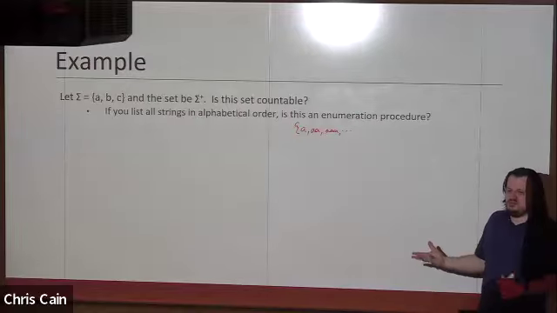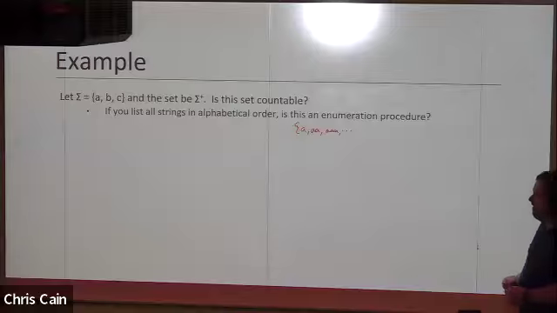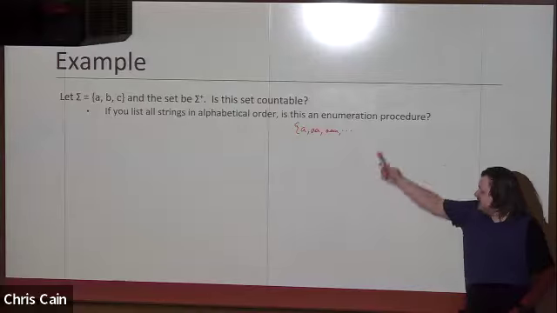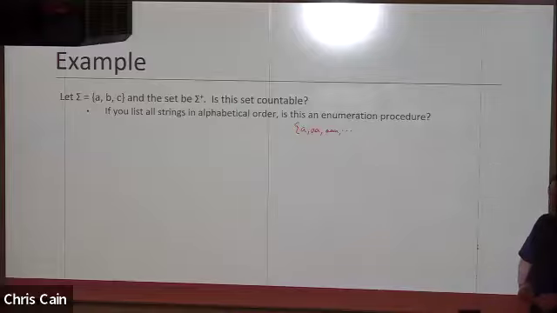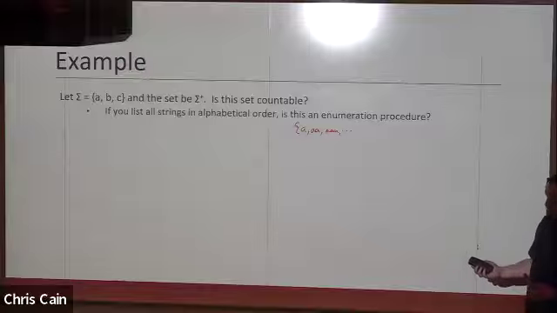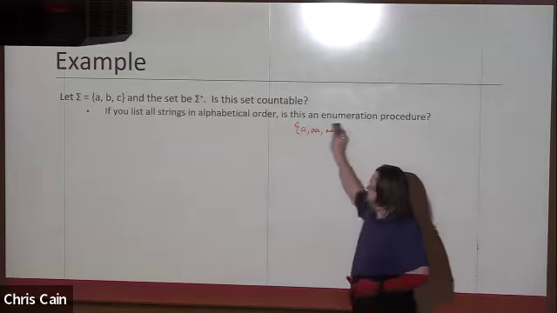But it's not an enumeration procedure because there are strings in the language that it never gets to, no matter how long it runs. You can get up to 10,000 A's, 10 trillion A's, doesn't matter. We'll never reach B or AB or CCBA. None of those strings will be reached by this procedure.